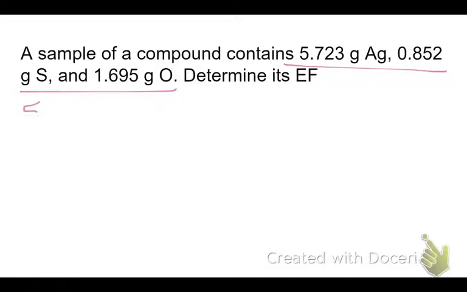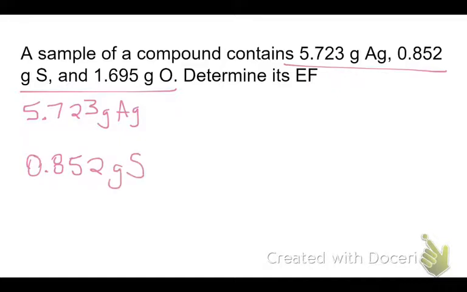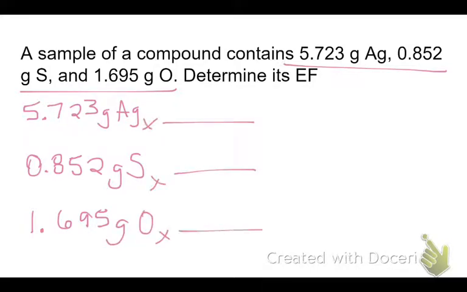And so we start by writing what we're given, so 5.723 grams of silver. Then we have 0.852 grams of sulfur, and we have 1.695 grams of oxygen. All right, from here we want to go from mass to moles, and so again, use the molar mass off the periodic table.